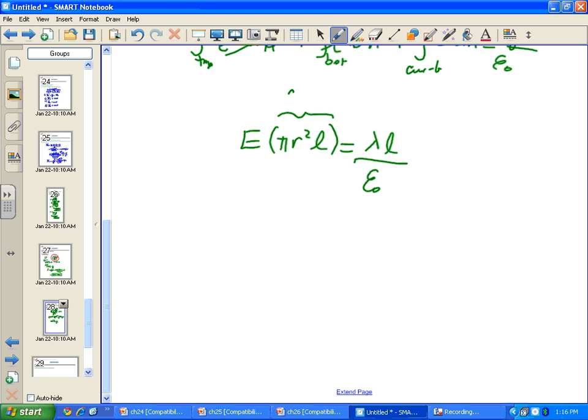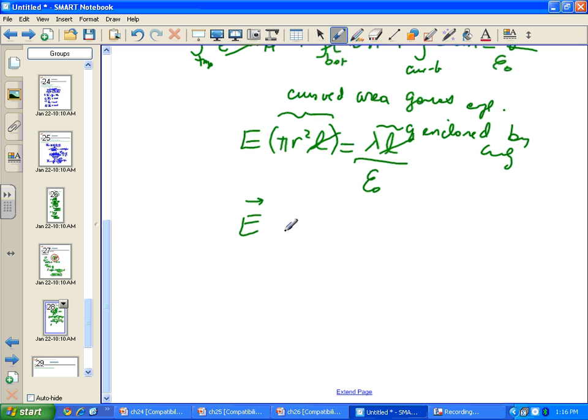This is the curved area of the Gaussian cylinder. This is the charge enclosed by the cylinder. We see that the L's cancel, and E, radially inward this time because it's negative, is given by lambda divided by pi r squared epsilon naught.